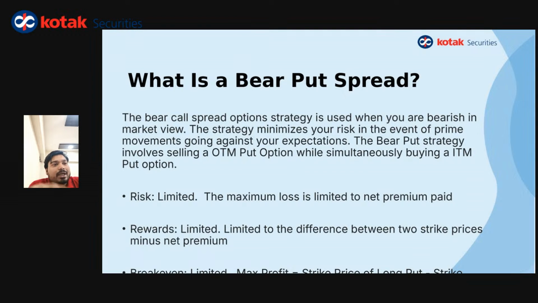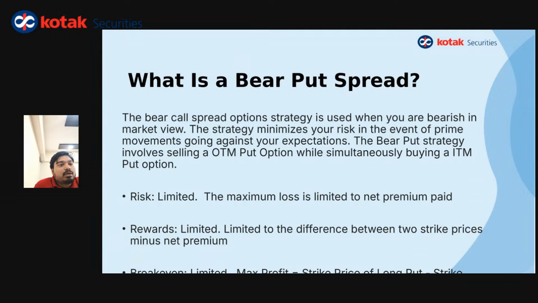Again, the risk is limited because the maximum loss is limited to the net premium paid. The net premium is the in the money put option which you are going to buy, minus the out of the money put option which you are going to sell. The total premium that you will be paying is the maximum loss you would have if the strategy goes against your view.